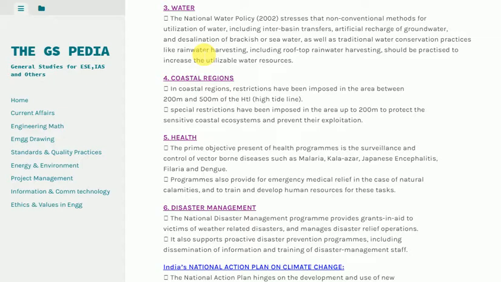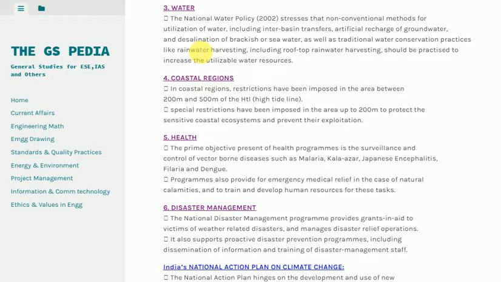Health. The prime objective of health programs is the surveillance and control of vector-borne diseases such as malaria, kala-azar, Japanese encephalitis, filaria and dengue.